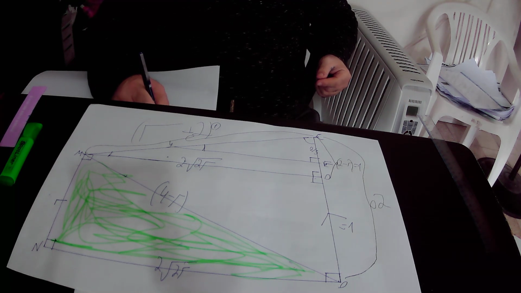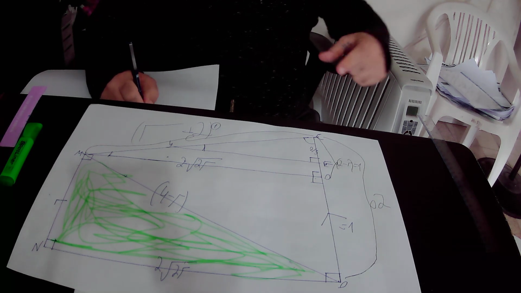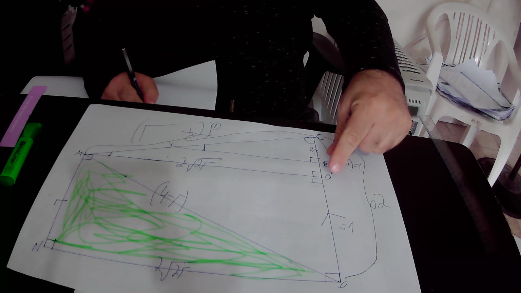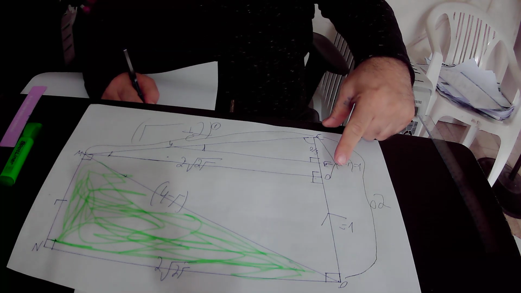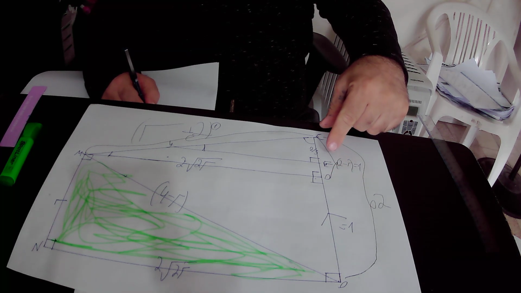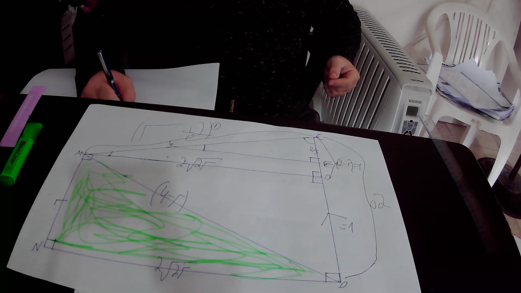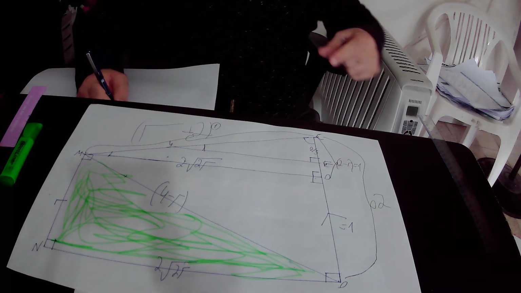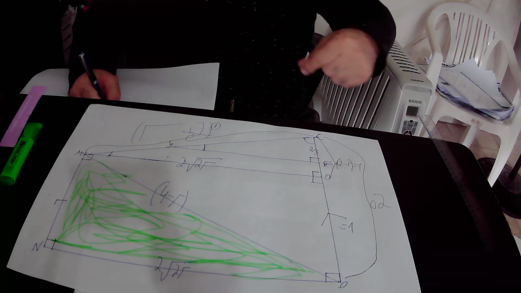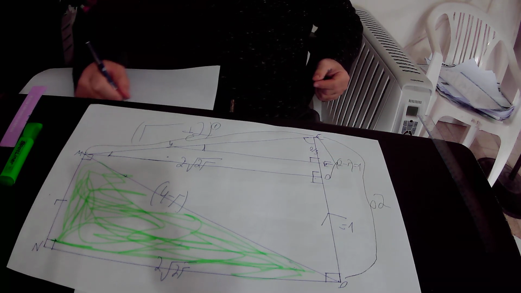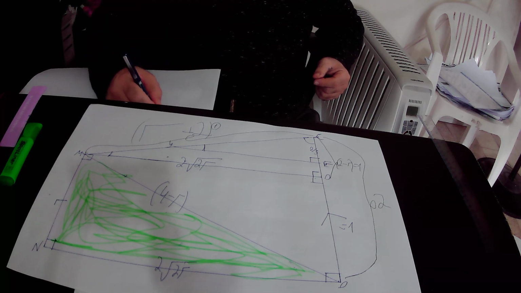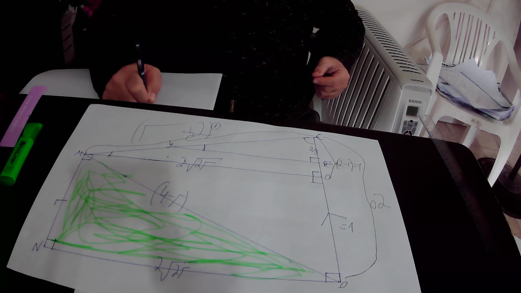DE equals CD minus CE, and CD equals 1 unit, and CE equals 2/3. So DE equals 1 minus 2/3, that is to say DE equals 1/3, or 1 over 3.